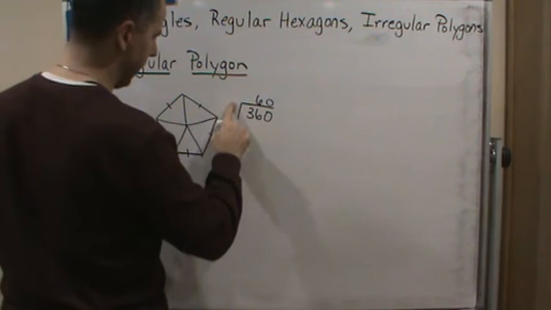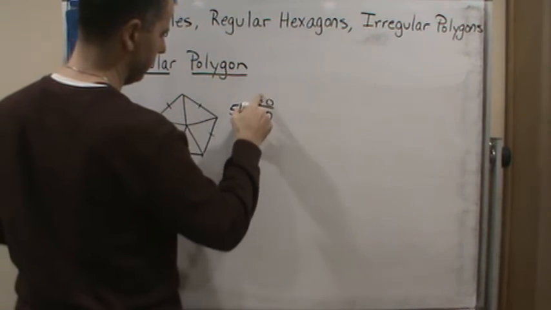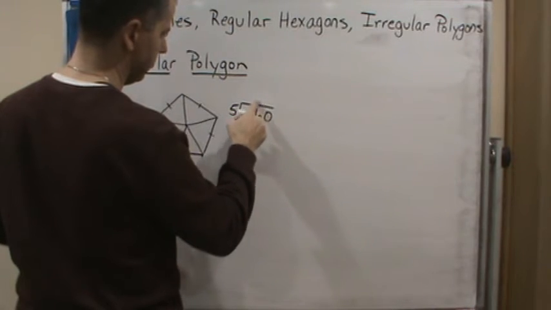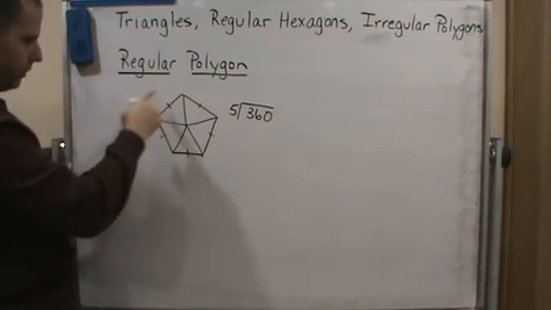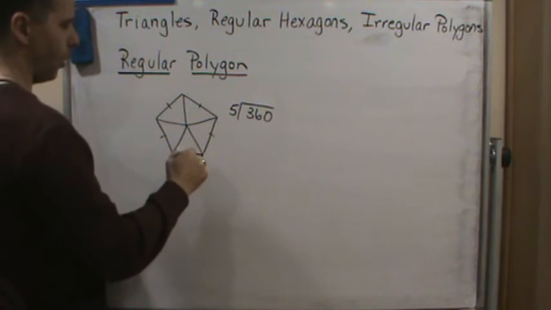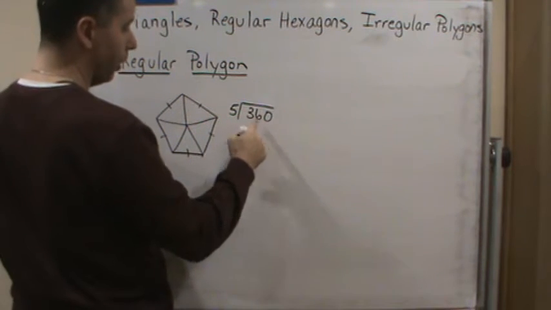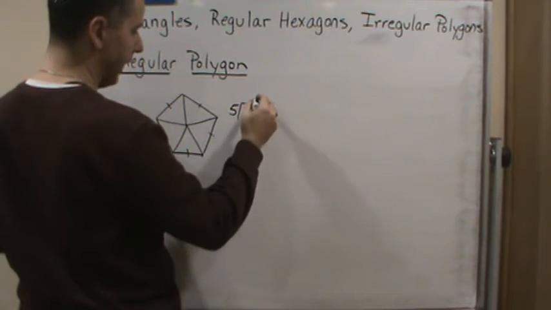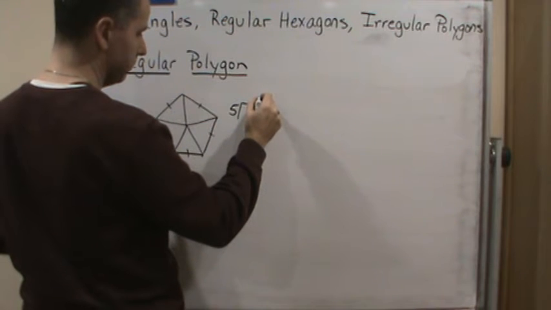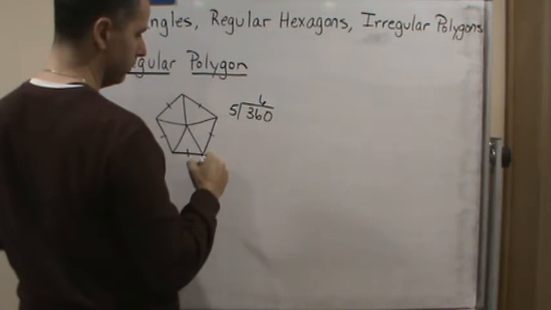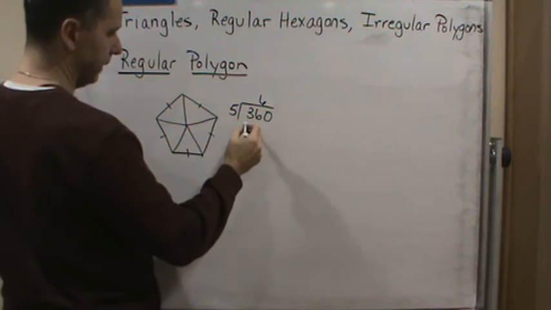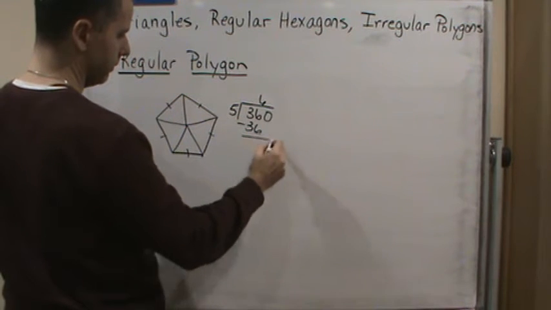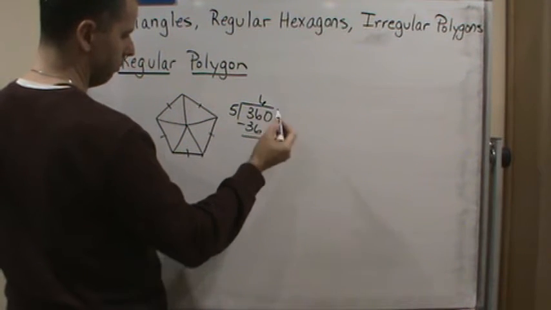Or excuse me, I'm sorry, 5. There's 5 sides. So if I divide by 5, what do I get? Hold on.